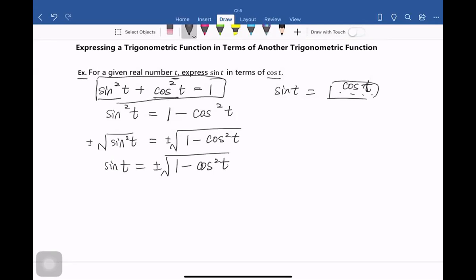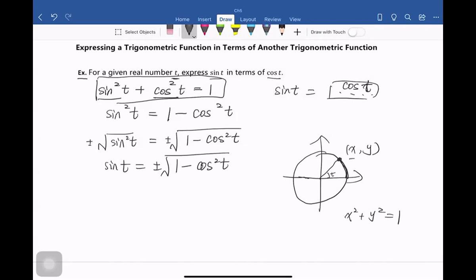And we also learned that if I have a unit circle, t can be the angle, or t is the arc length. On the unit circle, all the points x, y satisfy x squared plus y squared equals 1. And x is cosine t, and y is sine t, so this equals 1, same as we proved here.